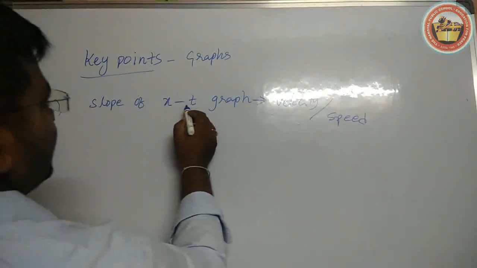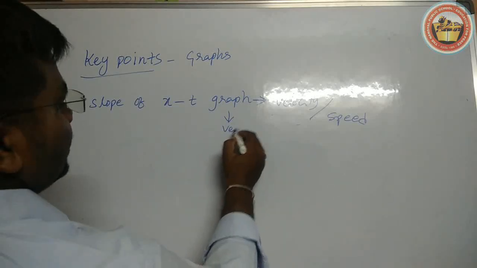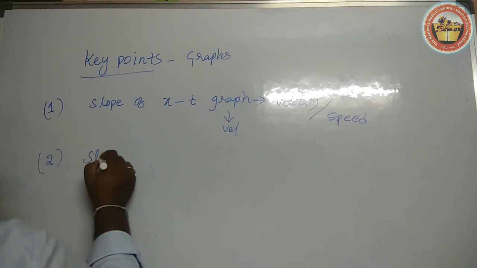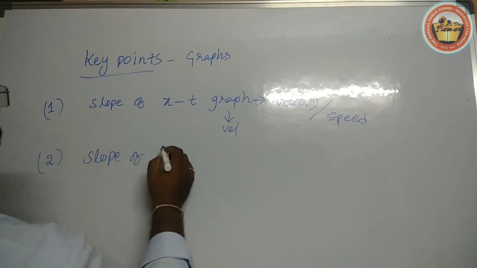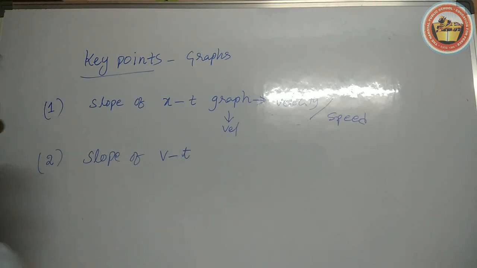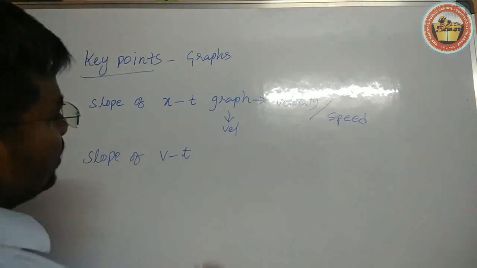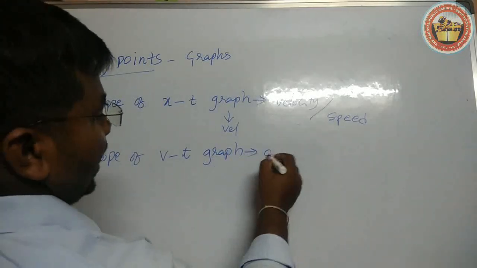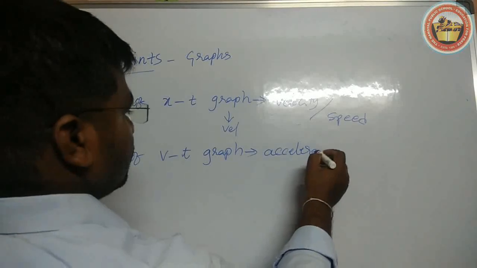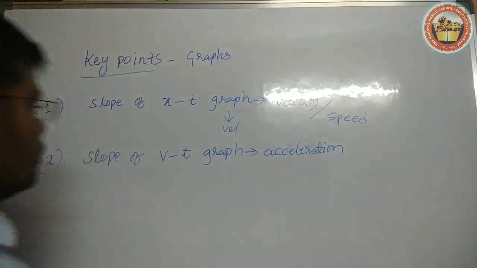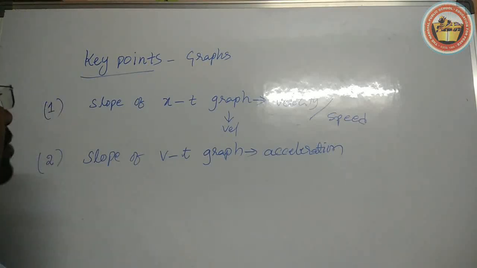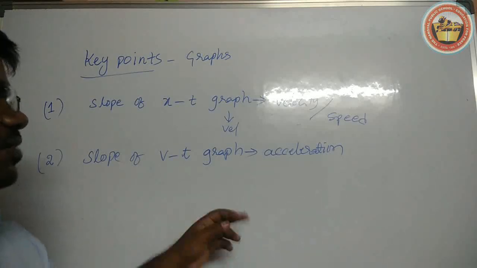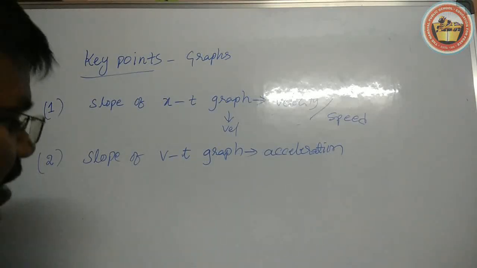The slope of the x-t graph will give velocity. Second one: the slope of the velocity time graph, here velocity or speed time graph, will give acceleration. So the slope of the displacement time graph gives velocity or speed, and the slope of the velocity time graph gives acceleration.